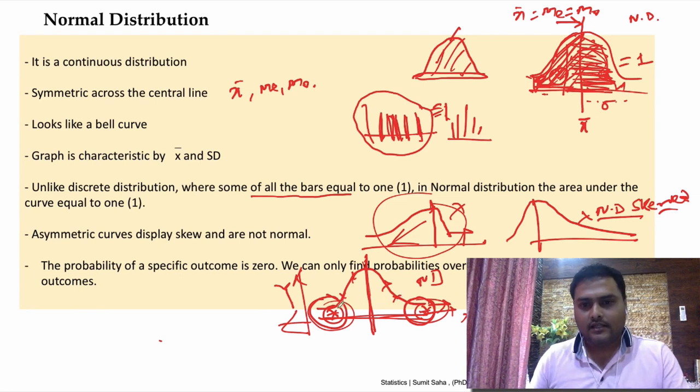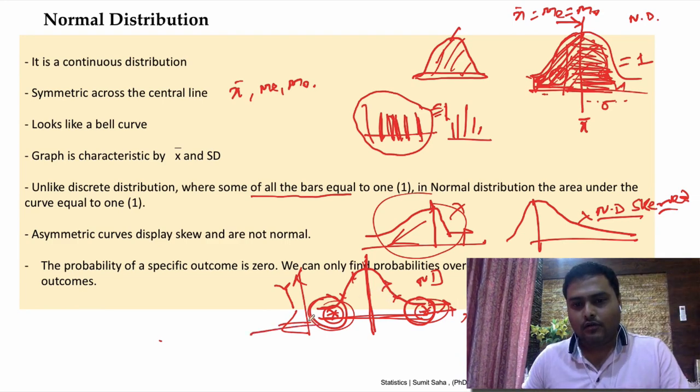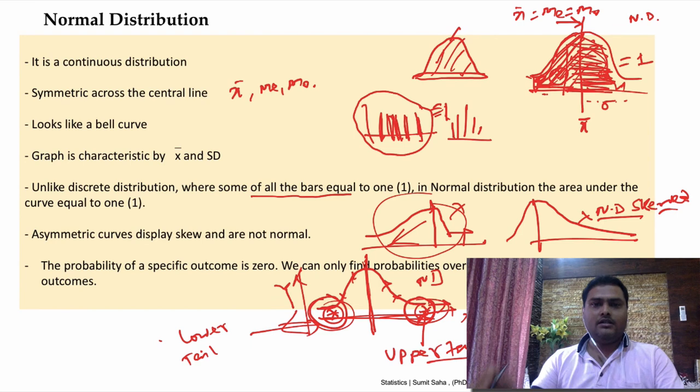Now in this case, this portion we call a tail of the curve. So this is the lower tail of the curve, and this is called the upper tail of the curve. Okay, hope you have understood.